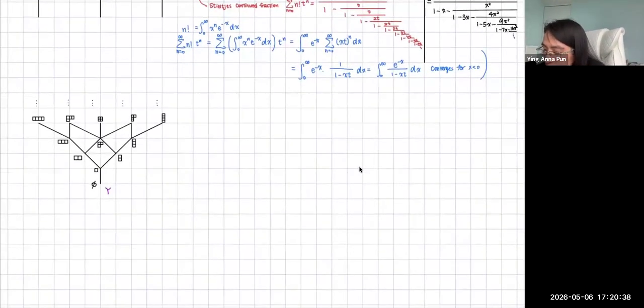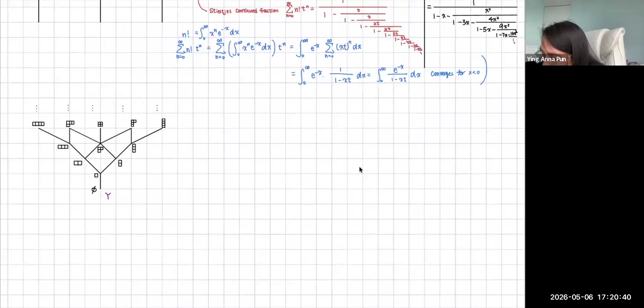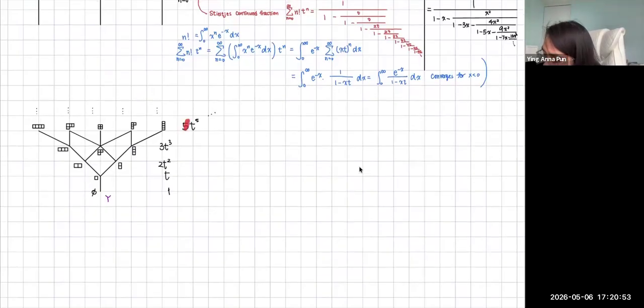In this case you can see that's 1 plus t, that's 2t squared, there are 3 things so 3t cubed, there are 5 things, 5t to the power 4, and so on, right? What are these guys? Well, first of all, the rank of each of the elements is just the number of boxes, right?